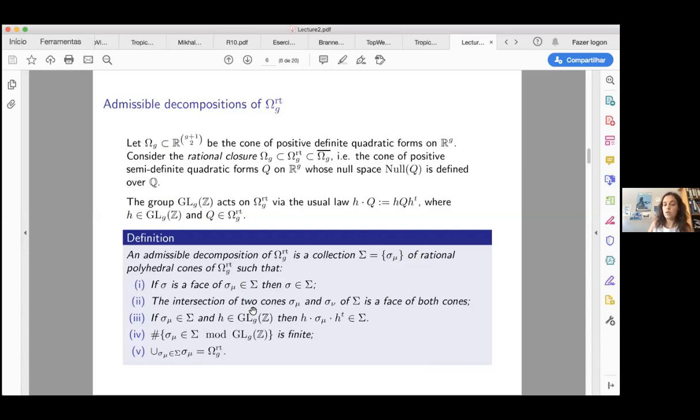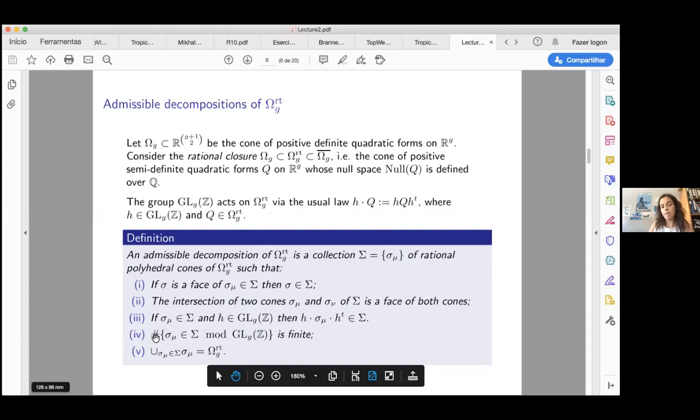Then the intersection of two cones is a face of both cones. And the third condition is that if we have a cone inside the collection and an element in the group, then if we act via this element, we find again a cone in the collection. And this is a very, very important condition.